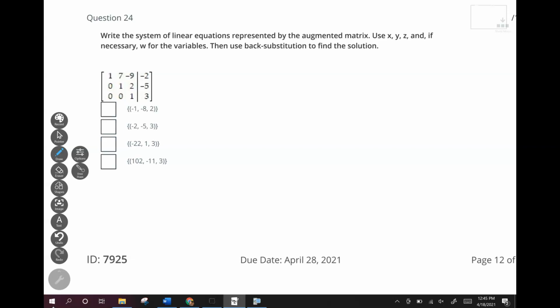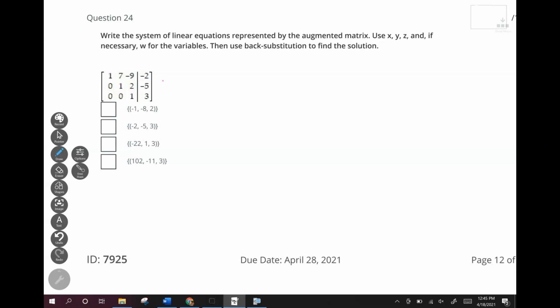All right, write the system of linear equations represented by the augmented matrix. Use x, y, and z if necessary, or w for four variables. Then use back substitution to find the solution. All right, so this matrix is already written for us in row reduced form. So we are going to just use it to solve for x, y, and z.